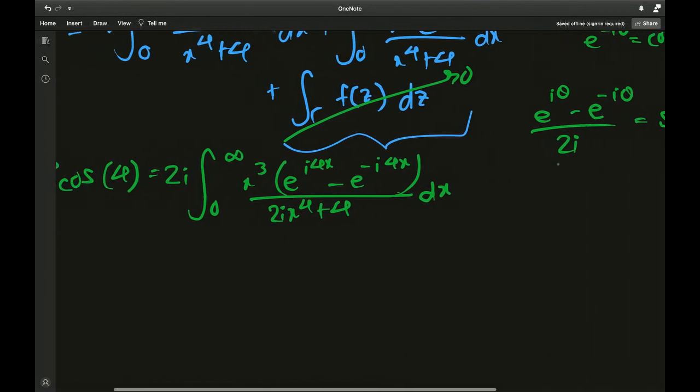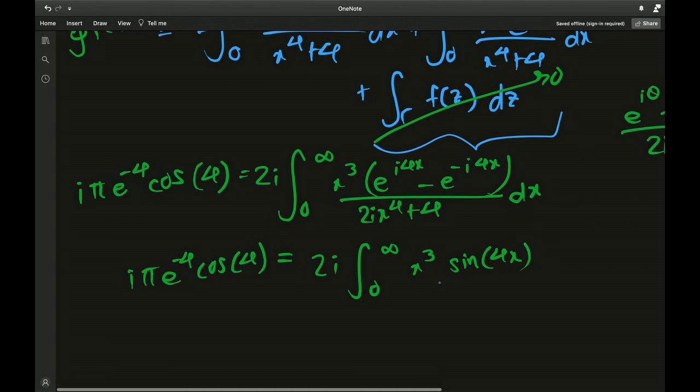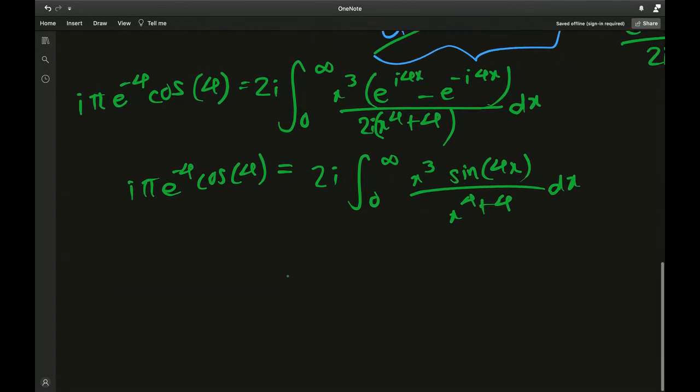That's precisely why I'm doing that, because now I have i times pi times e to the negative 4 cosine 4 being equal to 2i times the integral from 0 to infinity of x cubed, this difference of exponentials divided by 2i, which is sine of 4x, divided by, I have to put the bracket here, x to the 4th plus 4 dx, which is precisely our I, capital I. The i's will cancel out.